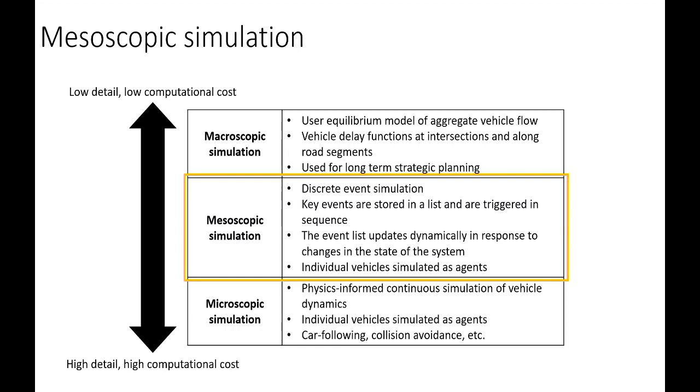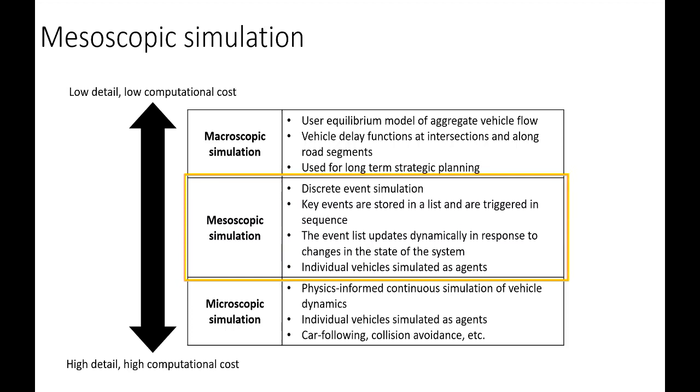Just moving down the road a certain distance would be cast as an interesting event. All of these events get stored in a list, and they have to trigger in sequence, so there's an order in which these events can take place, and this list gets updated dynamically as the state of the system changes.